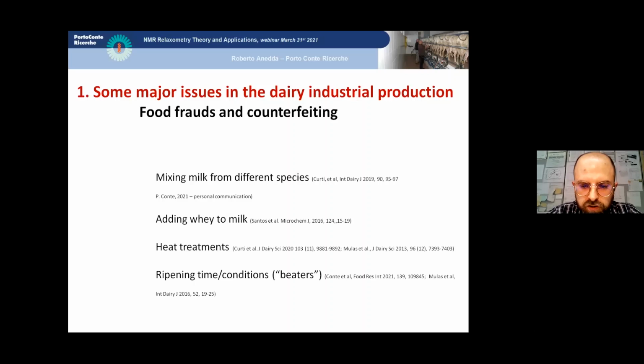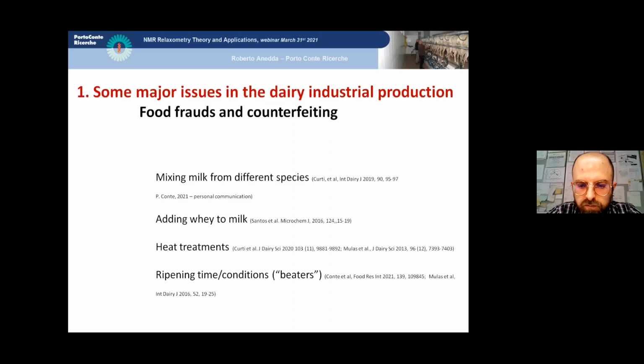Of course, ripening changes if cheese is made starting from raw or heat-treated milk. In particular, it's seen that thermization or pasteurization hinders syneresis of curd and slows down the ripening process in some way. My colleague Elena will show in a few minutes what was found by field cycling NMR relaxometry.